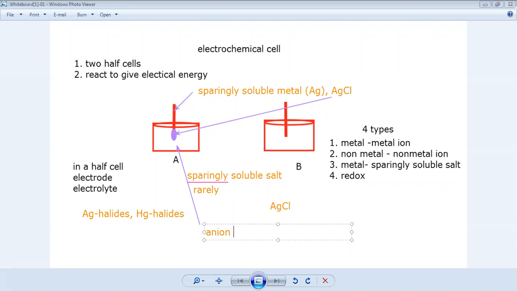The anion. Okay, is it clear? The anion, I want the common anion, I don't want the common cation.